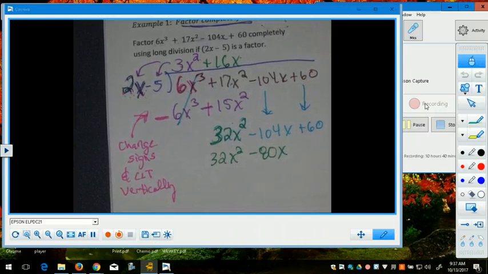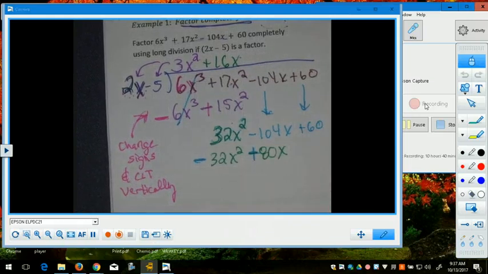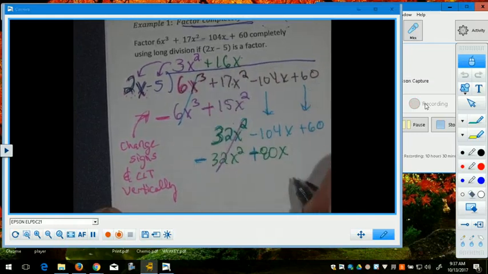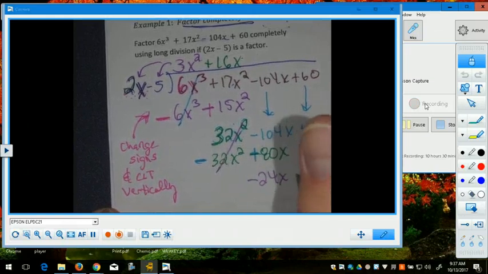Now I'm going to change the signs on every term and just combine them vertically. So this one goes to 0. This one is negative 24x. Bring down my 60.